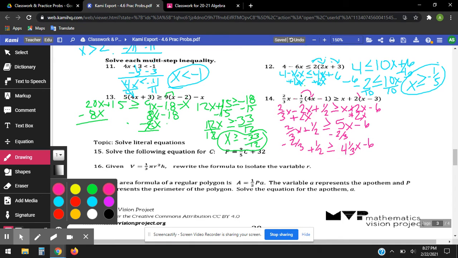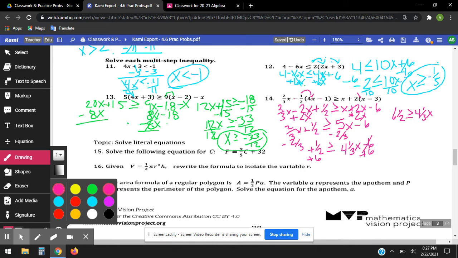I basically just got my whole numbers together, and then I worried about my fraction. That makes it a little easier for me to follow. And here is a negative 6, so I want to plus 6 to both sides. So now I have 6.5 is greater than or equal to 4 1/3 x.